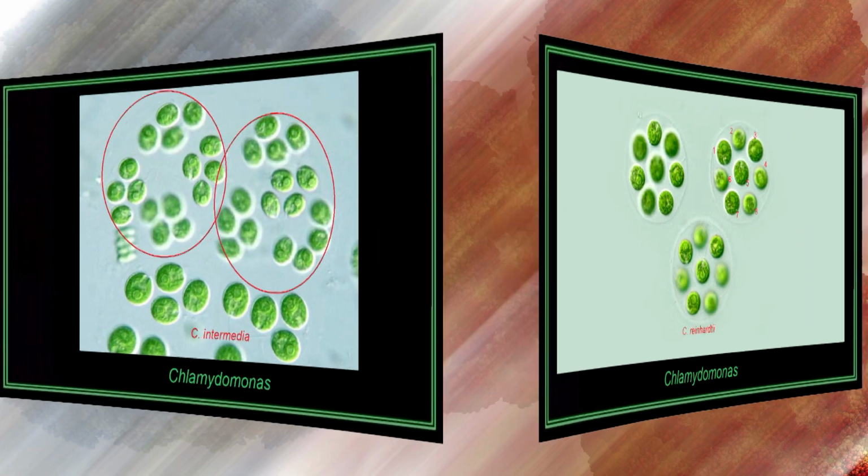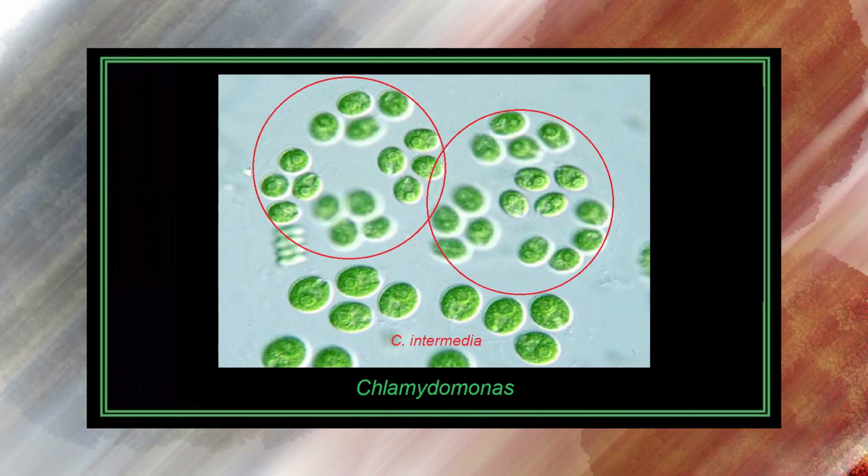In the 4 zoospores, 2 may be positive and 2 negative type in heterothallic forms. The number of meiospores per zygospore is 8 in Chlamydomonas reinhardtii or 16 to 32 in Chlamydomonas intermedia.